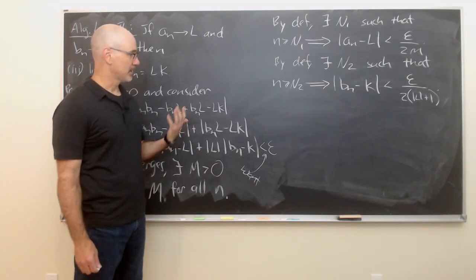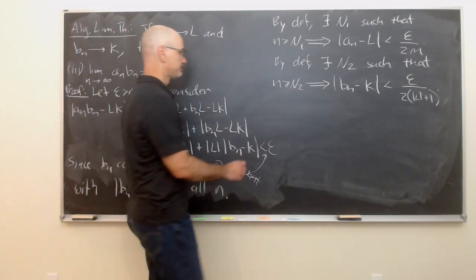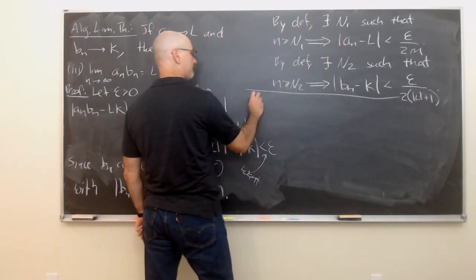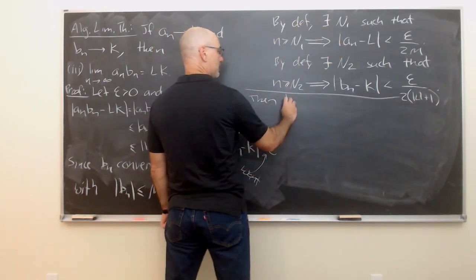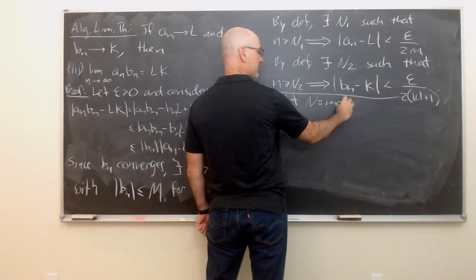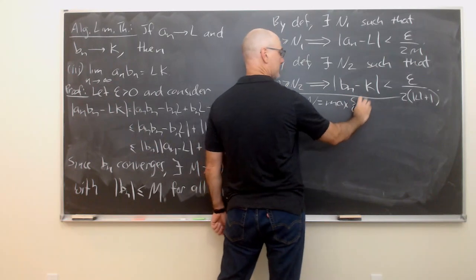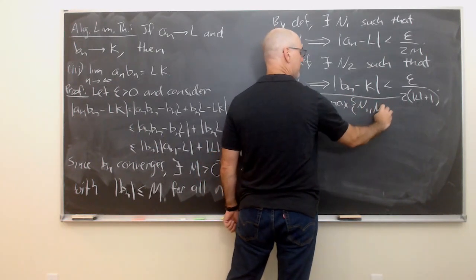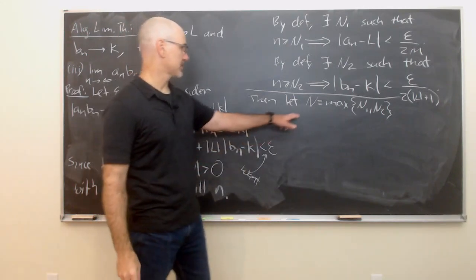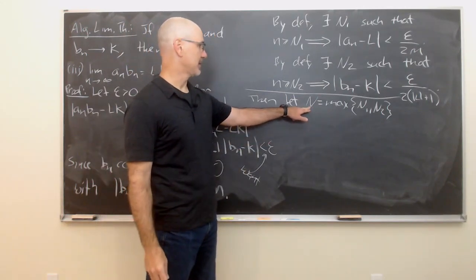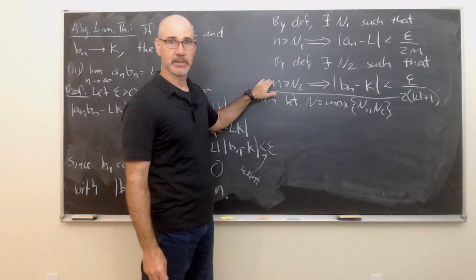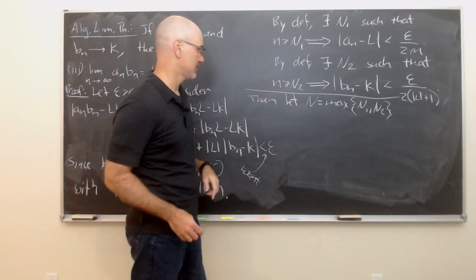So that allows me, when I put this all together, to do the following. We're going to let capital N be the larger of our two individual N's, thereby guaranteeing that as long as I'm past capital N in my sequences, both of these things happen at the same time, and that allows me to put them together.